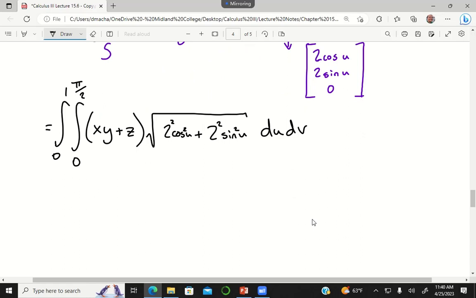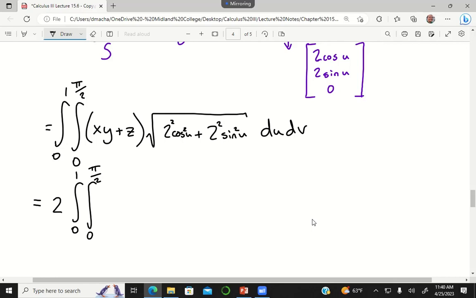And you're right, cosine squared plus sine squared is just 1, and so I've got the square root of 2 squared, which is just 2, and that does away with my whole radical over there.